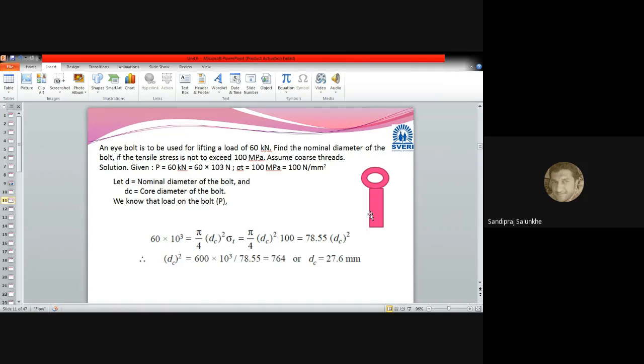Here the threaded part is provided, and here you can use the crane hook and lift the load. In this case the force applied is the tensile force, and it has a value equal to 60 kilonewton.